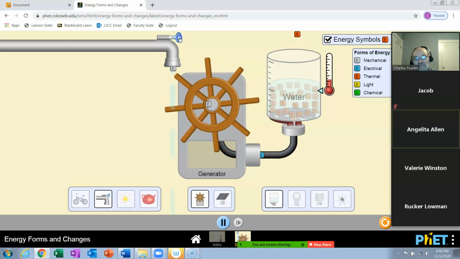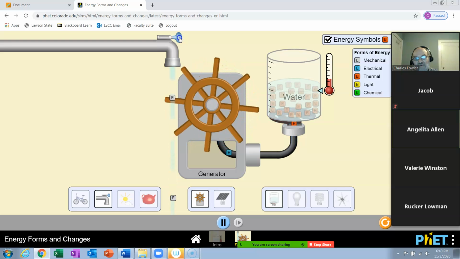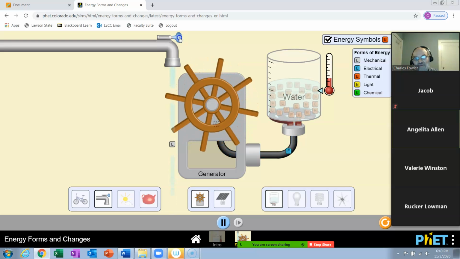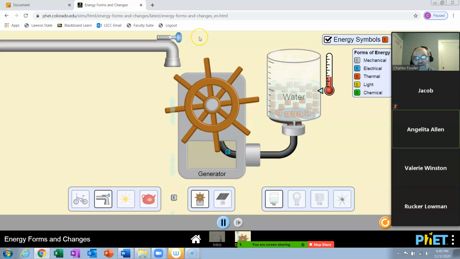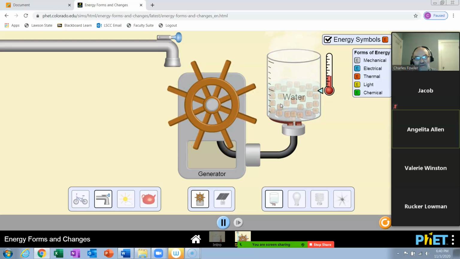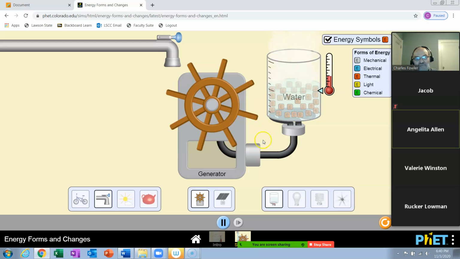Okay, after the faucet is turned off, no more energy is coming in. What happens to the energy units in the water? Okay, they keep escaping, but at a slower rate.